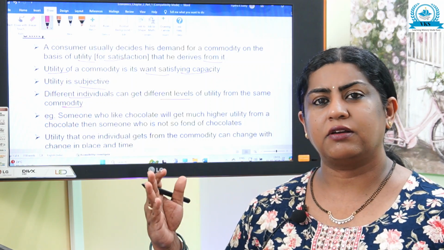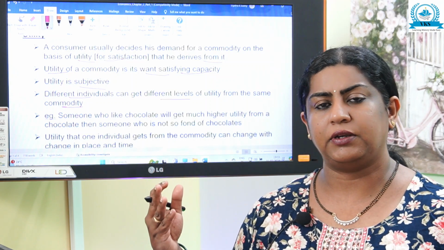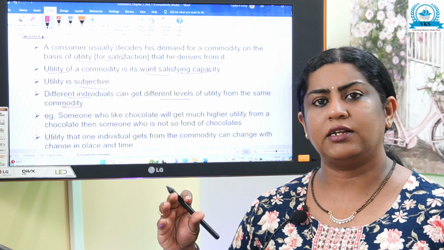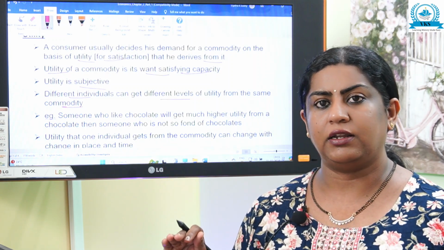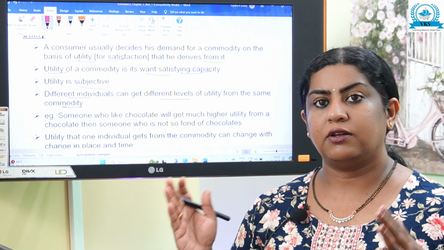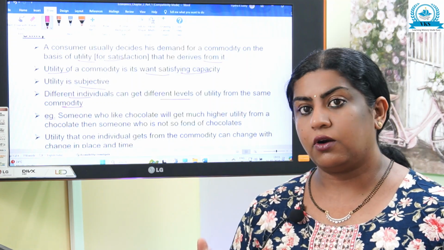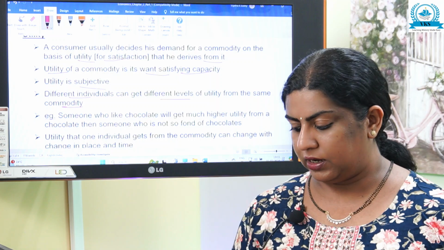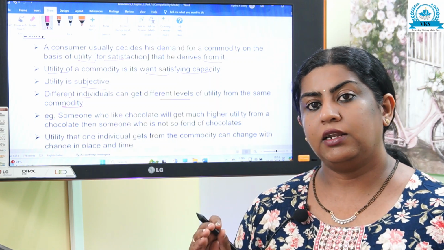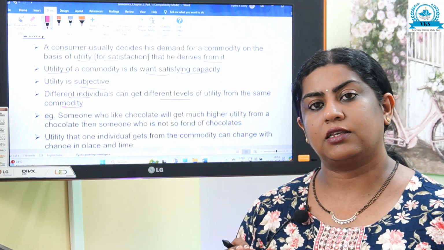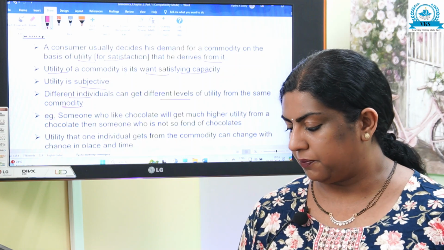But a person who does not like chocolate or sweets will get a lower level of utility or satisfaction from the same chocolate. So utility is subjective, it changes from individual to individual.